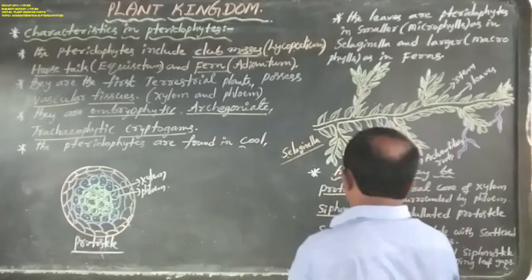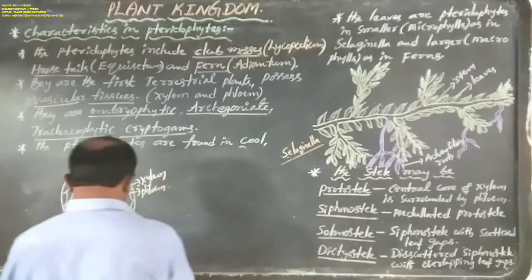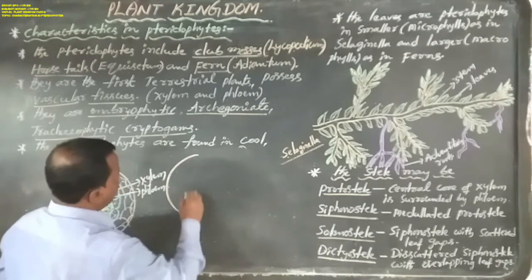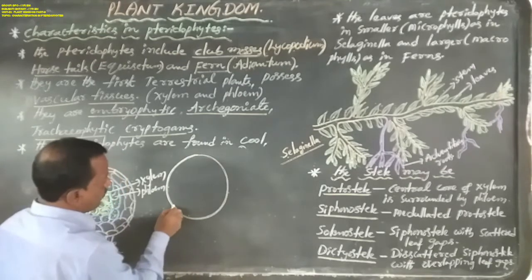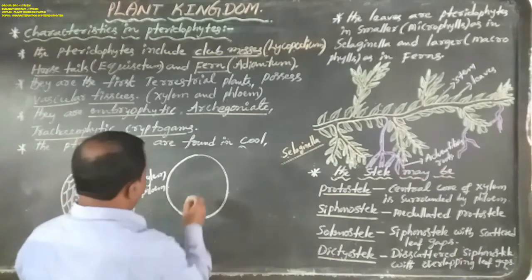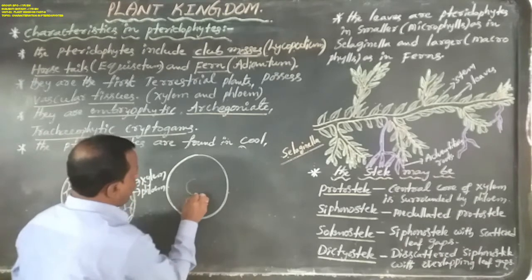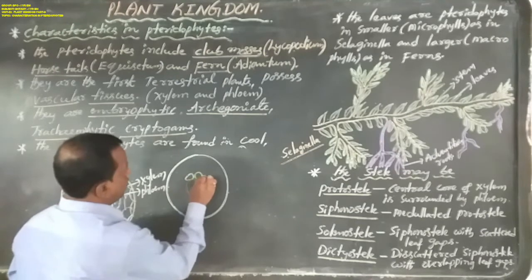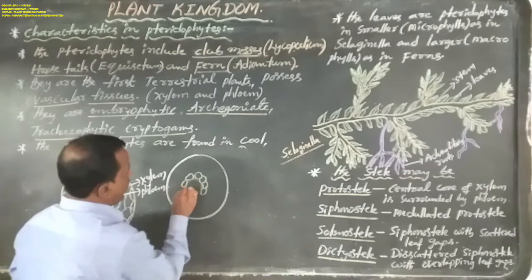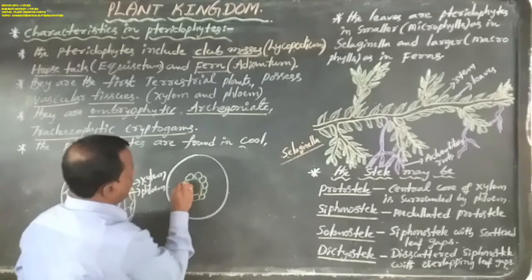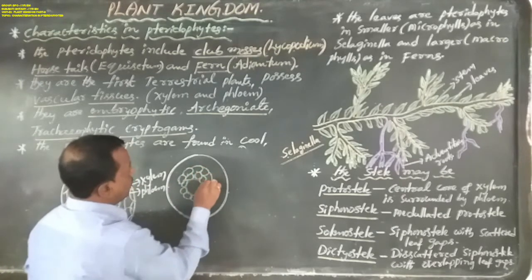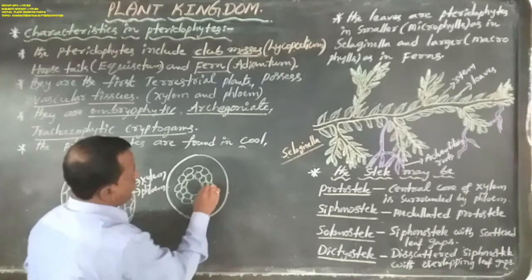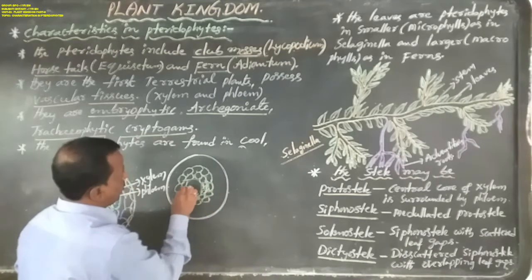The second one is siphonostele. In siphonostele, this is a stele, but with a developed medulla, surrounded by xylem. That is medullated protostele.